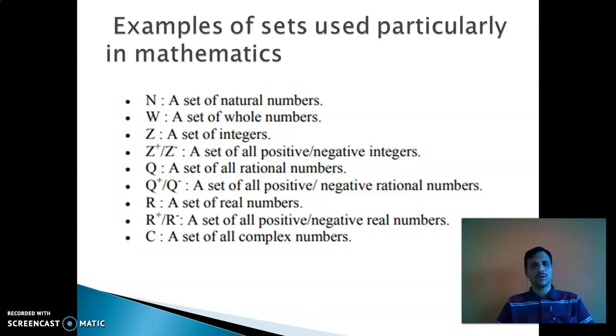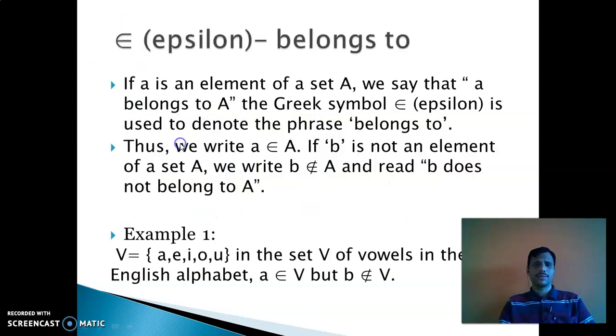R is the set of real numbers. R plus or R minus, the set of all positive or negative real numbers. The set of all complex numbers is denoted by C. In these examples of sets, we observe the notation. These are standard notations for numbers and this notation is used throughout these chapters.